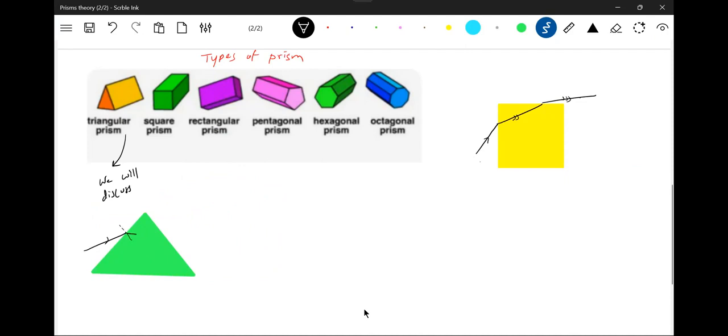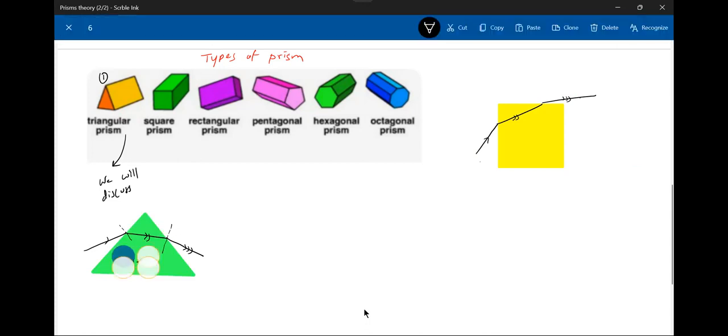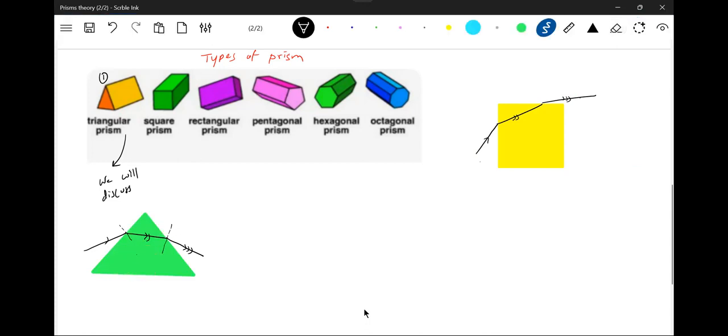It will undergo refraction, moving from rarer to denser, and will bend towards the normal. This dotted line is the normal. So it will emerge out. So it is changing. What this triangular prism does is change the direction of the path.